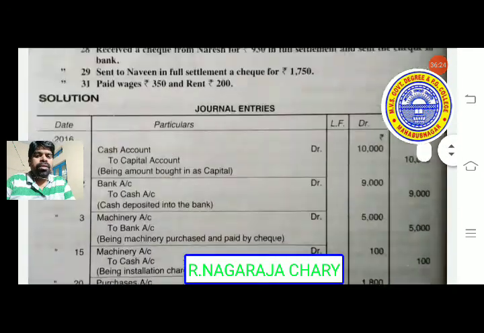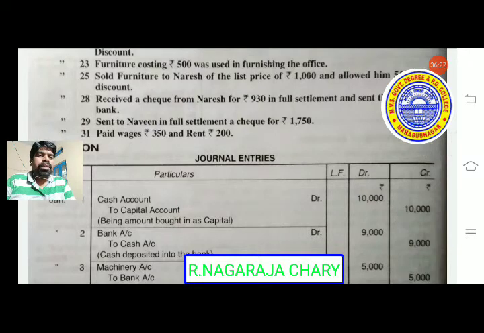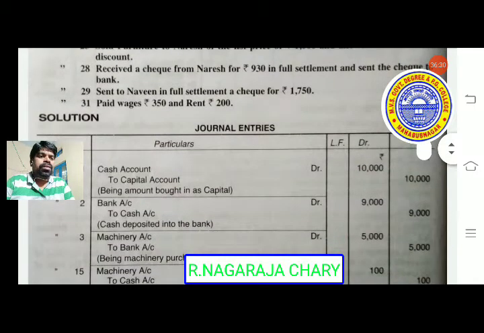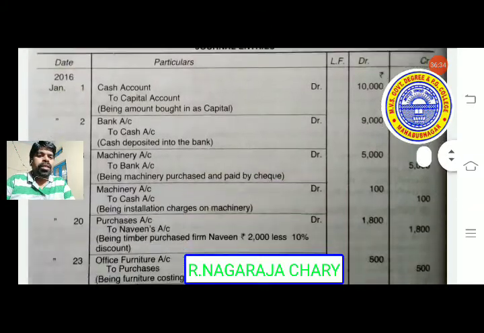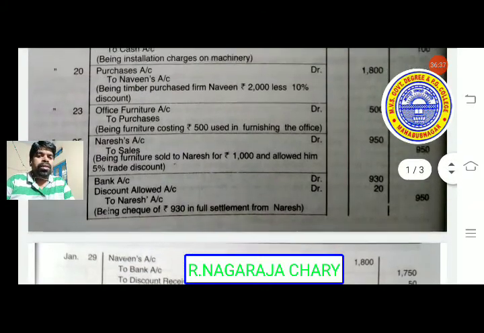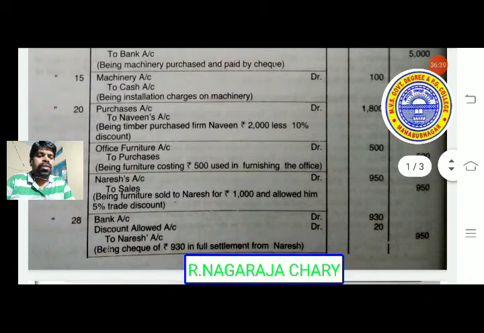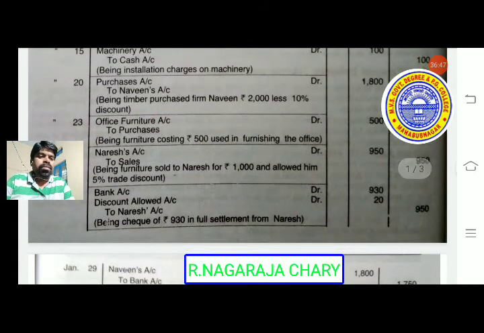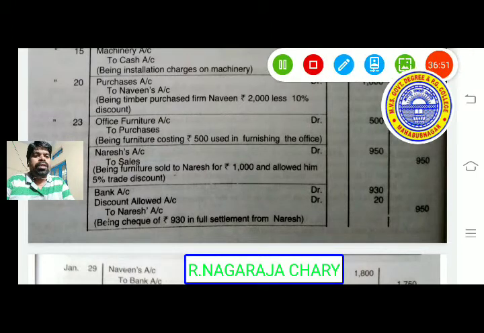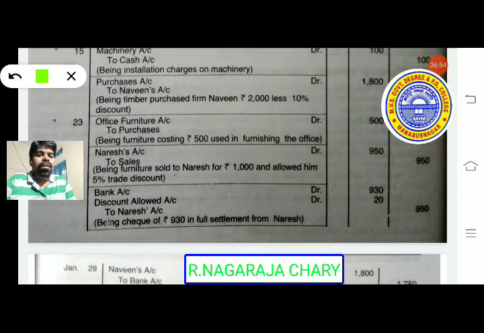Next, on 28th received a check from Naresh for 930 in full settlement, sent by bank. Earlier we sold furniture for 950 rupees. Now for full settlement we received only 930 rupees. So bank account debit, discount account debit to Naresh account.